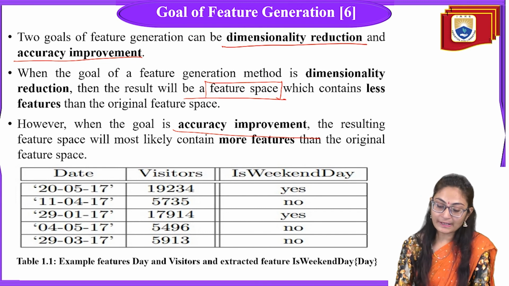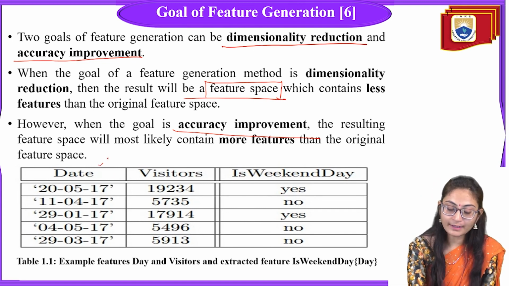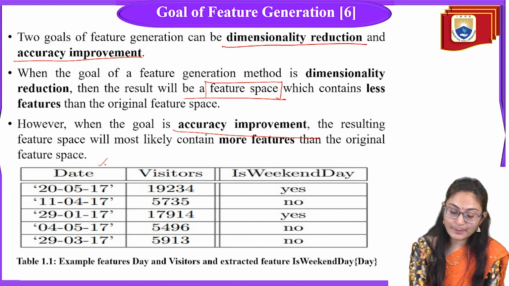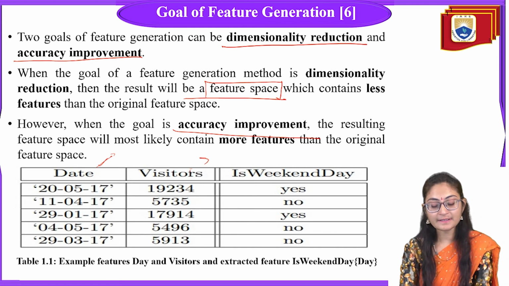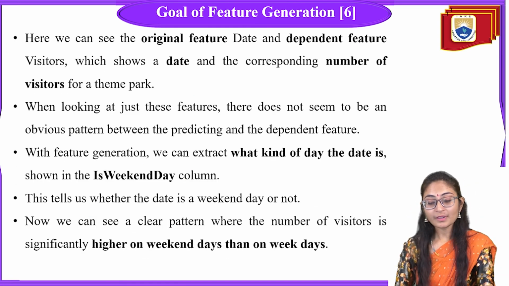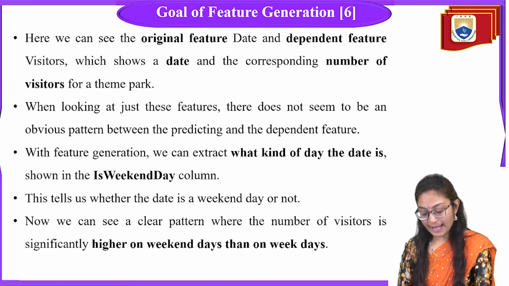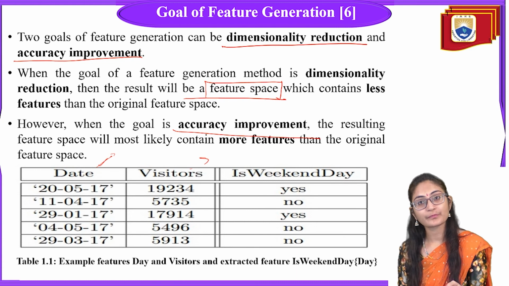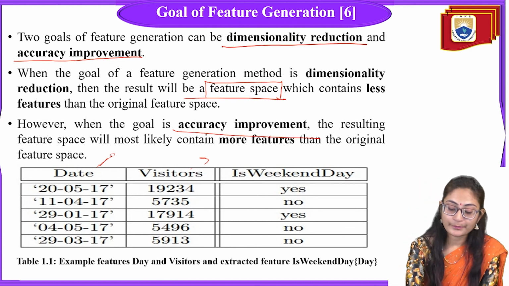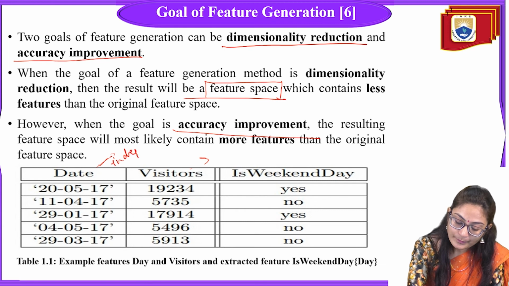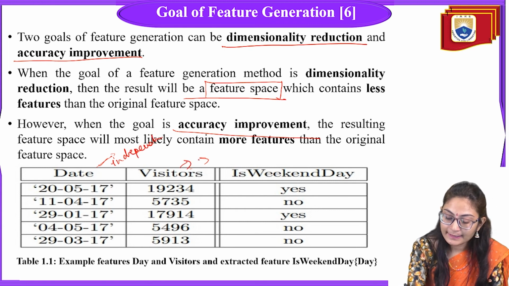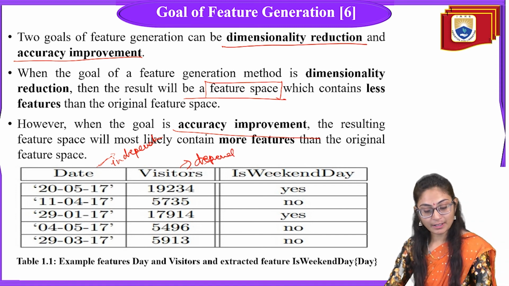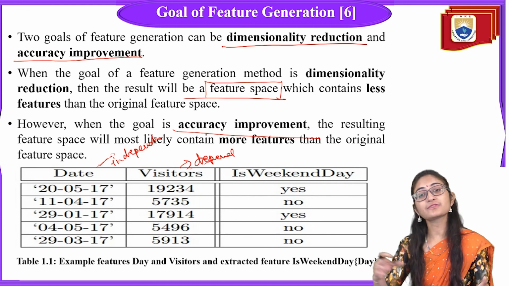For example, this table contains some values: date and visitors. Why am I mentioning only date and visitors? Date is our original feature, the independent feature, and visitors is the dependent feature, which contains data on visitors to the park.